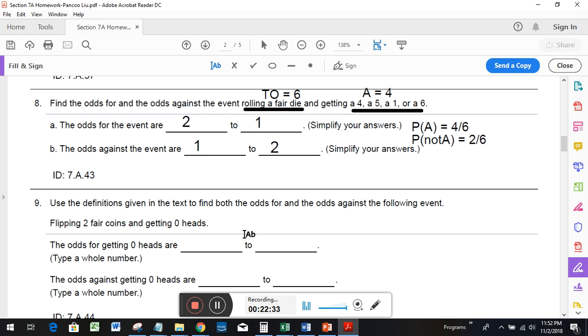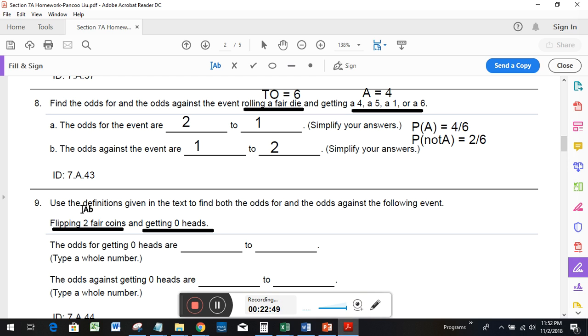Now, number 9, we're doing the same thing again, but with a different scenario. So they say we are flipping 2 fair coins and getting 0 heads. Now, I already created a similar example, so let's go ahead and take a look at that.